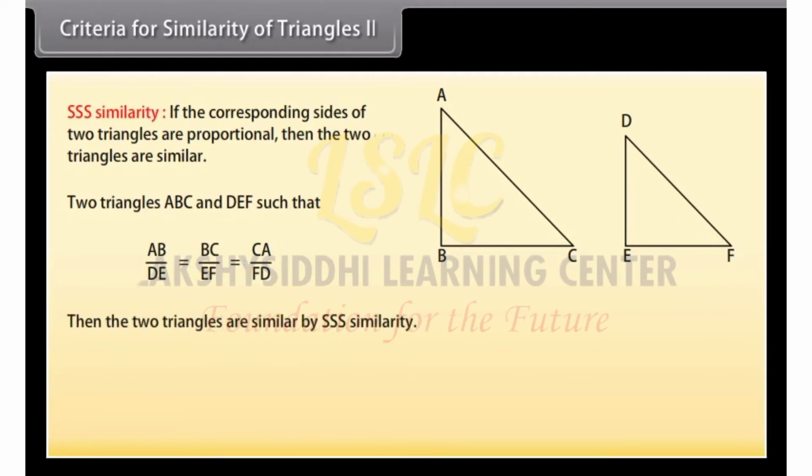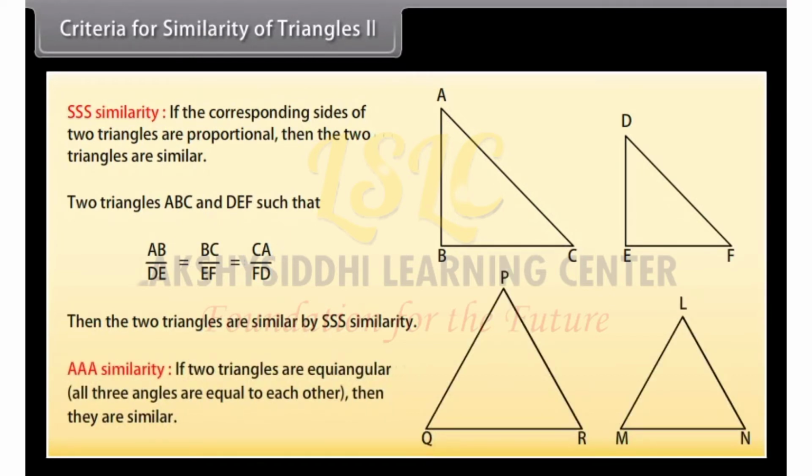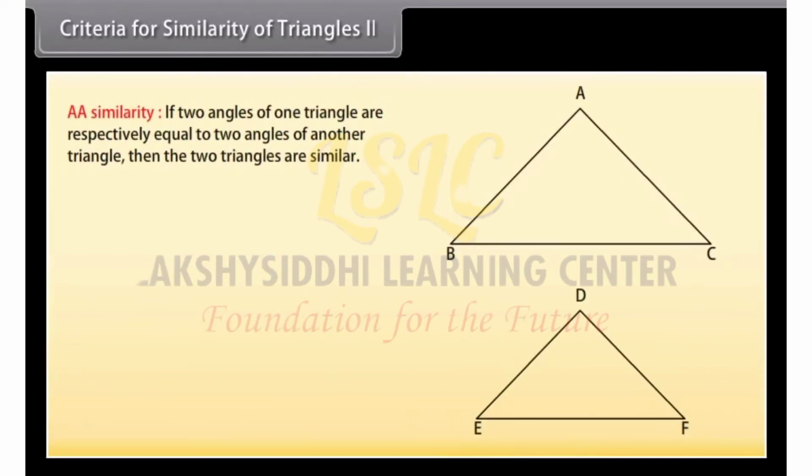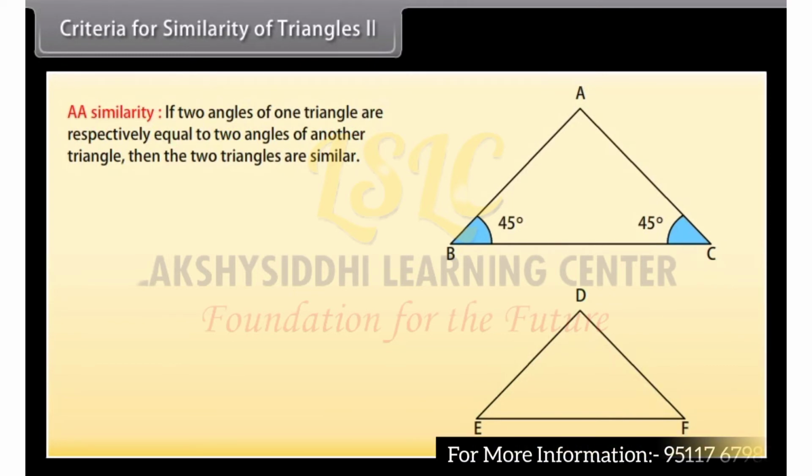Then the two triangles are similar by SSS similarity. AAA similarity. If two triangles are equiangular, all three angles are equal to each other, then they are similar. AA similarity. If two angles of one triangle are respectively equal to two angles of another triangle, then the two triangles are similar.